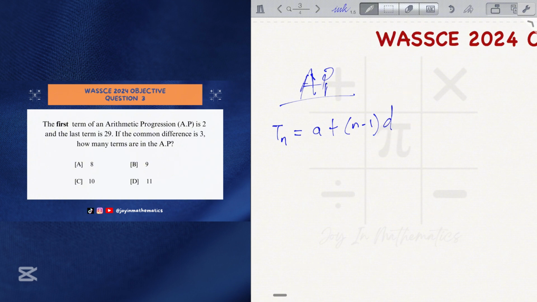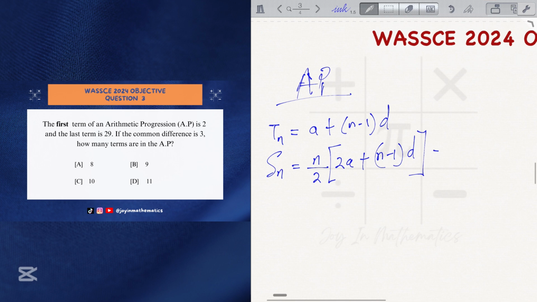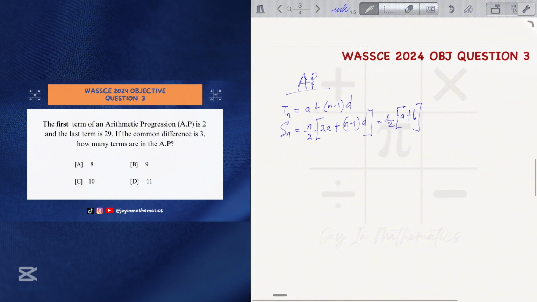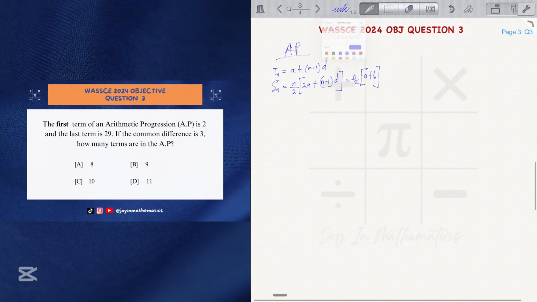Similarly, the sum of n terms is given by n over 2 into 2a plus n minus 1 multiplied by d. It can also be given as n over 2 into a plus l, where l is the last term.